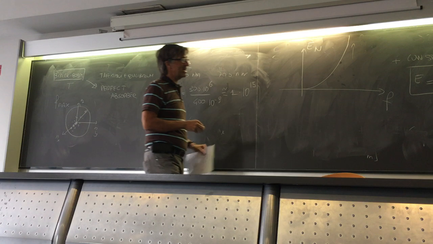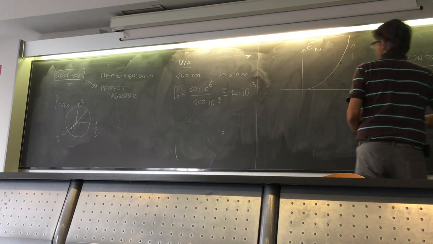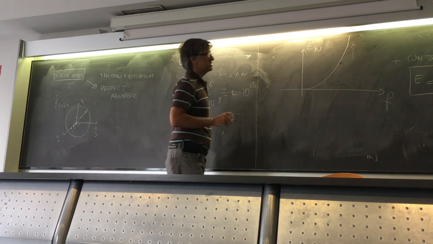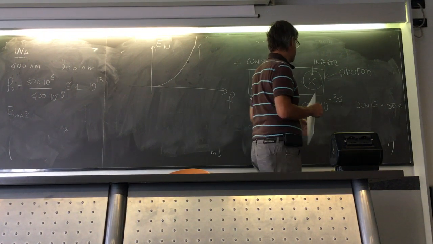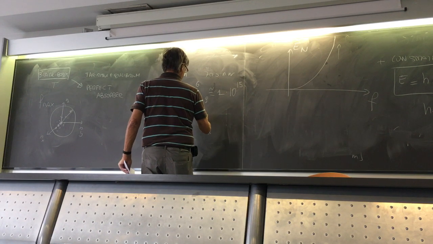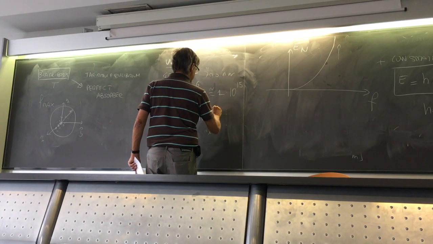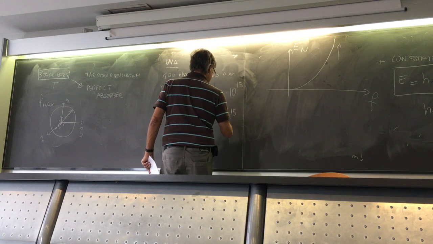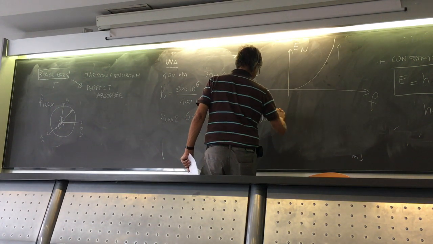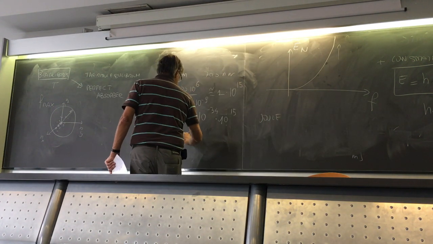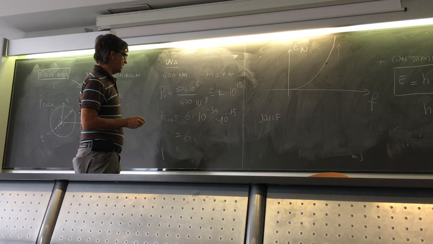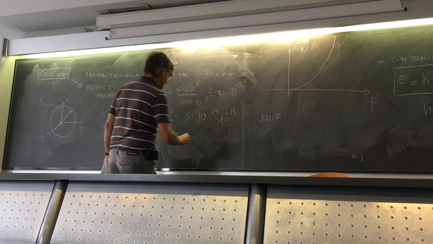If you multiply by h, it means that a single photon has the energy of 6 times 10 to the minus 34 times 10 to the plus 15 joule. So a single UV photon is 10 to the minus 34 plus 15, which is 10 to the minus 19, okay?